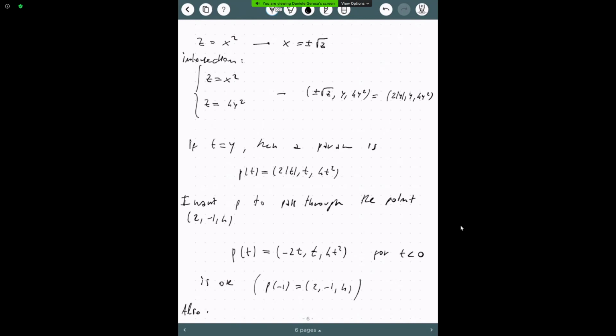Also notice that P3 of t is equal to P1 of t squared, and P3 of t is equal to 4 times P2 of t squared, which is exactly what we started from. So we had two cylinders, we intersected them, and then we have this. This parameterization is fine. But x can be negative.